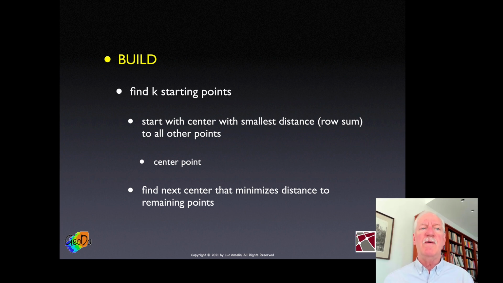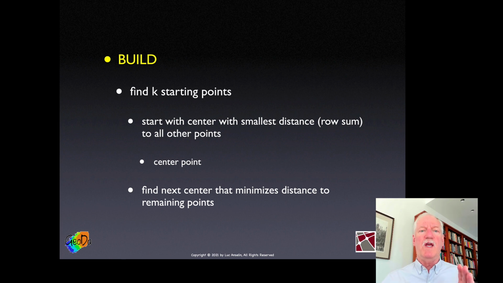It starts with the center that has the smallest distance to all the other points. If we have a distance matrix, then that boils down to picking the observation with the smallest row sum or the smallest column sum. Once we have the one that is closest overall, so the overall center of all the observations, so to speak, then we pick the next one such that it is closest to the remaining observations.